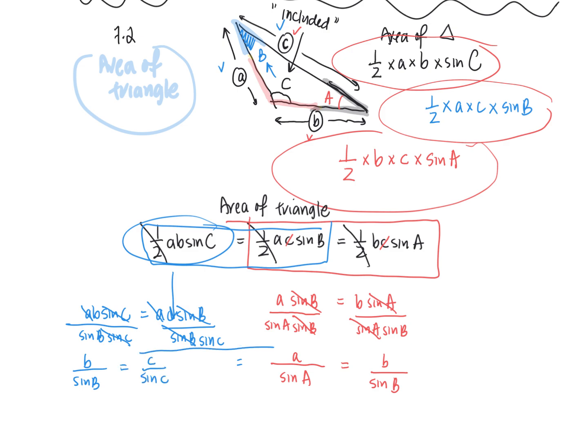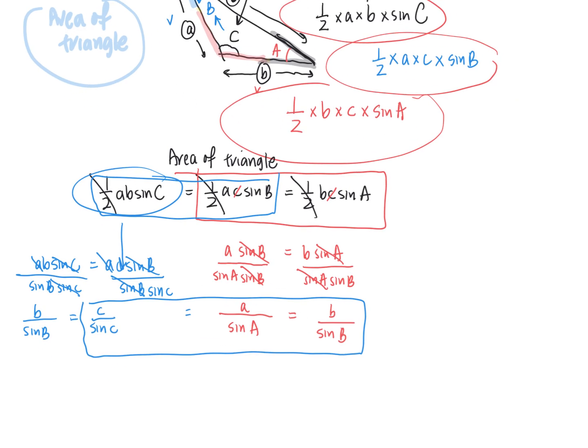So indirectly they are trying to tell you the length and the sine of its angle always gives you the same ratio throughout. So whatever triangle you are given, if you put the ratio between the length and sine of its angle, it will always be equal to the opposite pair.